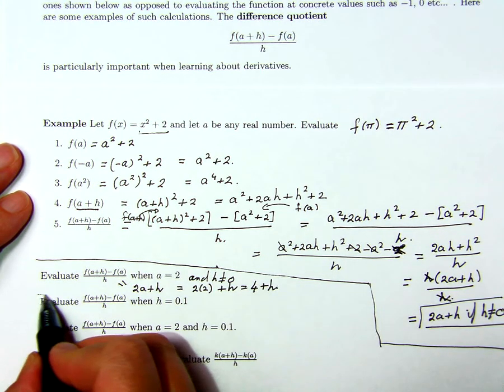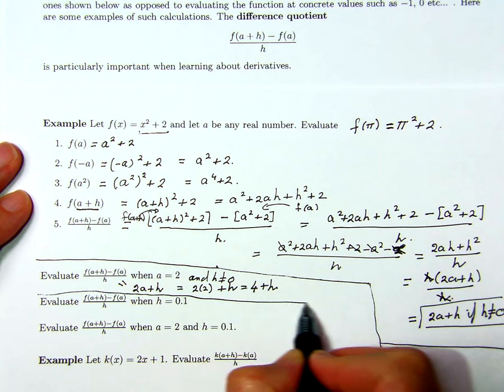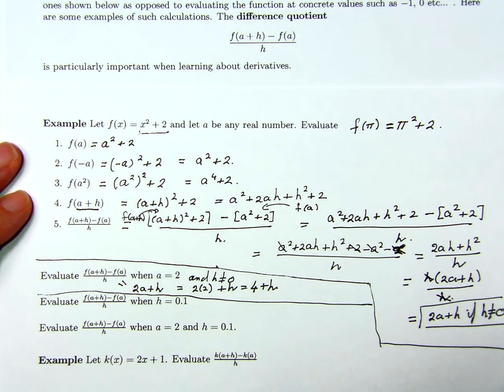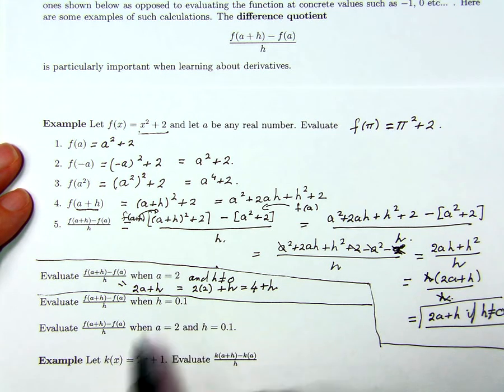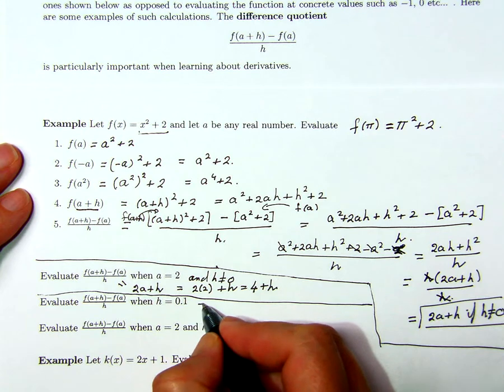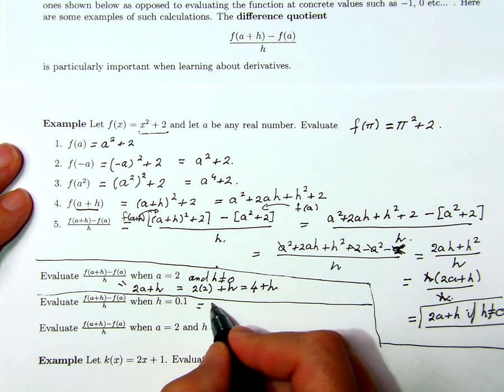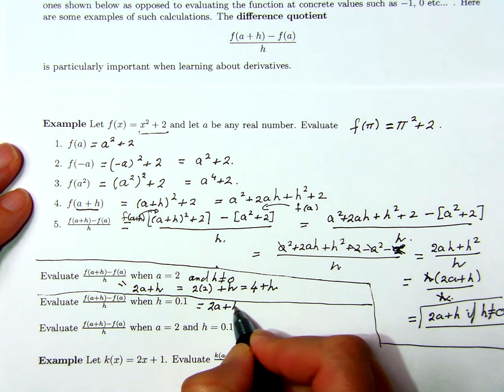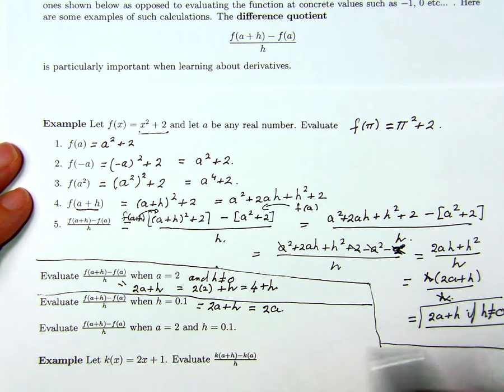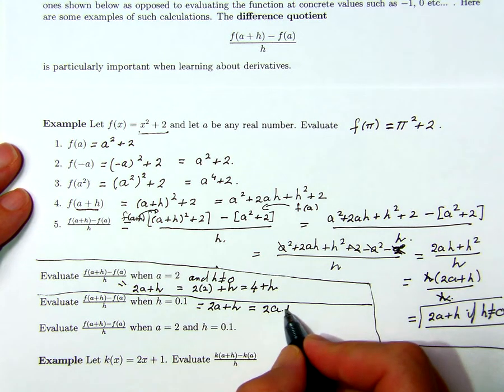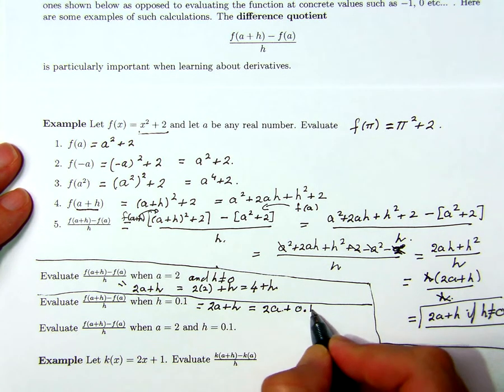Now we don't have a particular value for h there, so we just leave it as it is. We just carry it around as an h. What about f of a plus h minus f of a over h when h is 0.1? Well, I know here for sure that h is not 0, so it's 2a plus h. And now I don't have a value for a, so I just carry it around. That's 2a plus 0.1.